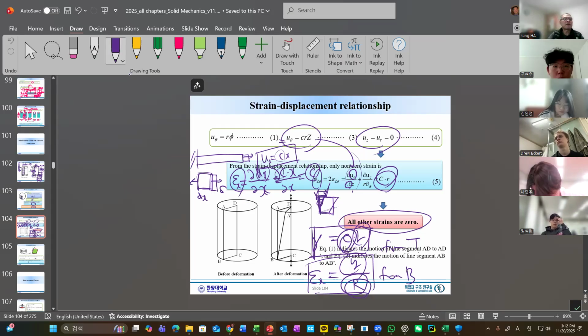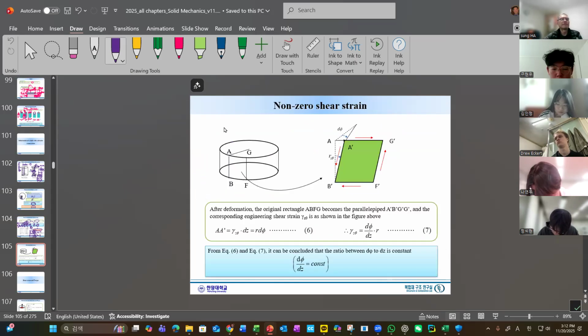See, this one is a bar. We don't know, but this will be obtained from the equilibrium. Okay, next one, as you can see, this is a small scale.